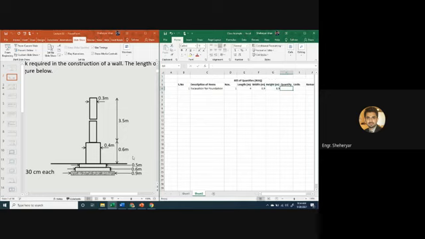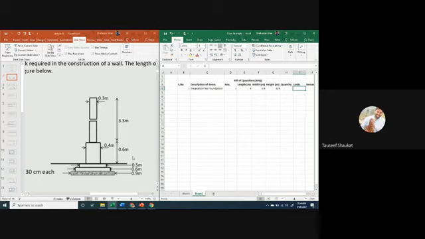Okay, now we are estimating the quantity of excavation. So what should be the units of the resultant quantity? Cubic feet. Cubic feet, but we are working in meters.